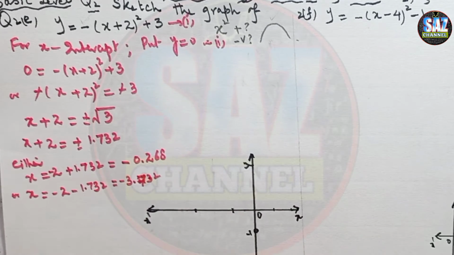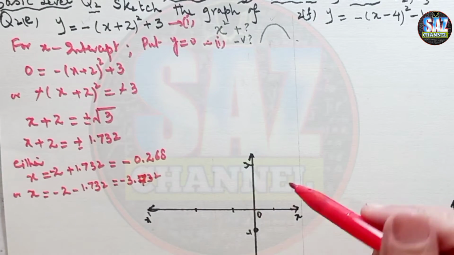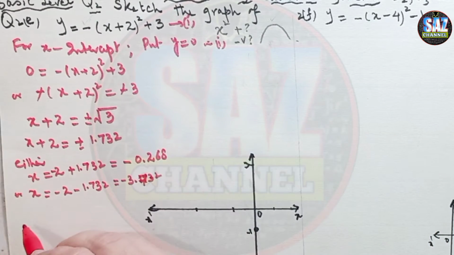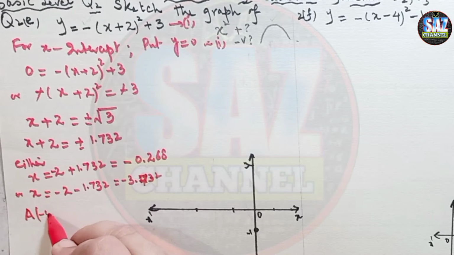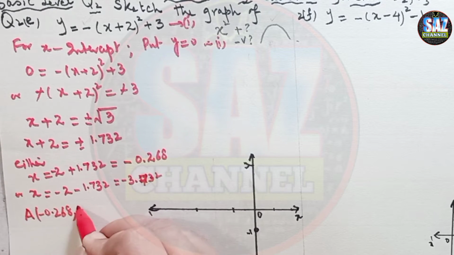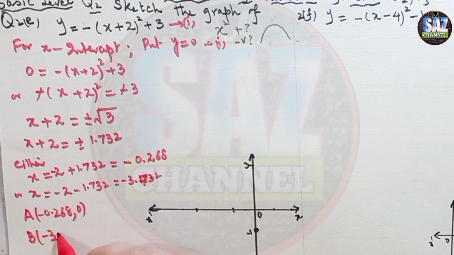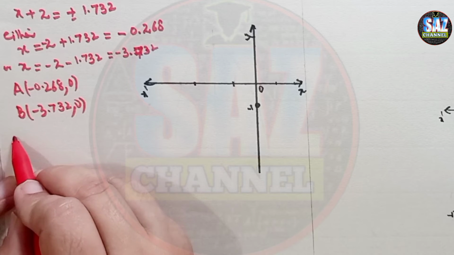Okay, now I've obtained the x-intercepts, so I have to write these intercepts in the form of points. So one of the points, A, will be minus 0.268 and 0, and point B will be minus 3.732 and 0.